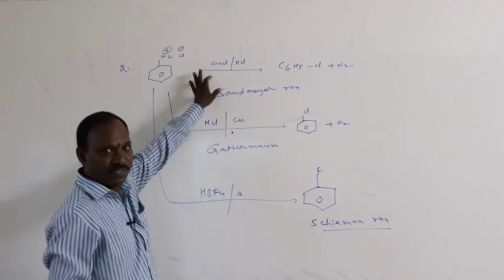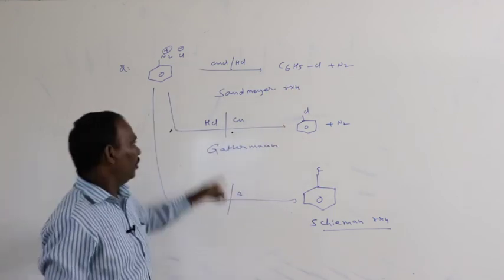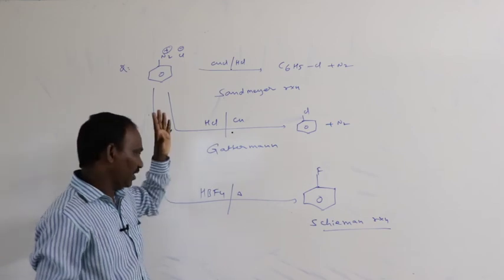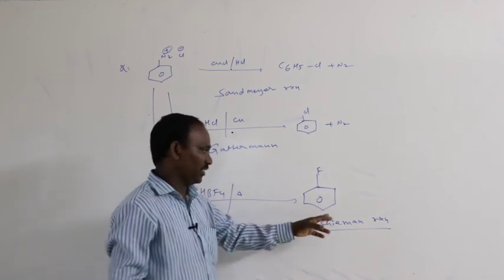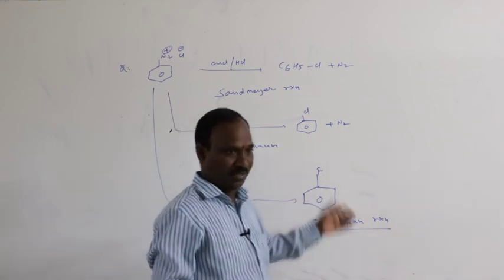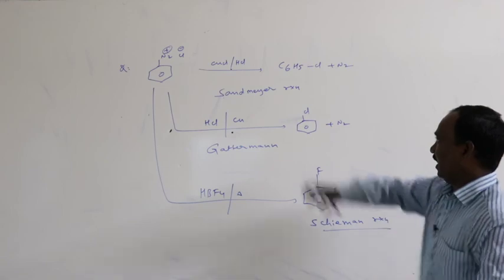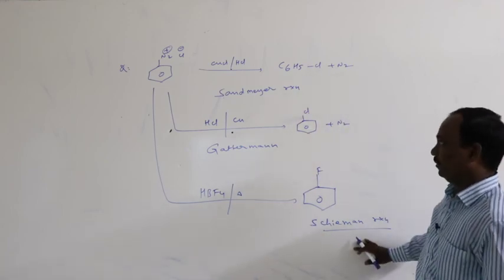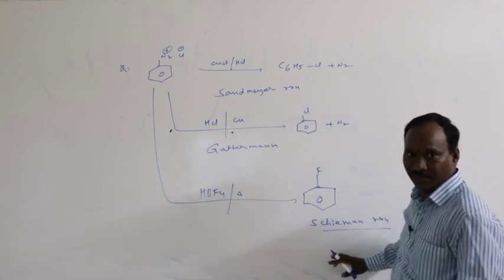Cuprous chloride is used in the Sandmeyer reaction. Only HCl with copper powder is used in the Gattermann reaction. HBF4 is used in the Schiemann reaction. It helps to prepare fluorobenzene. So, preparation of aryl halides: chlorobenzene and fluorobenzene preparation using Sandmeyer, Gattermann and Schiemann.